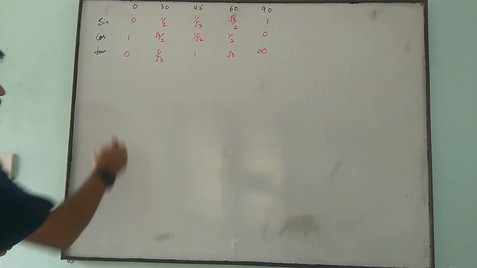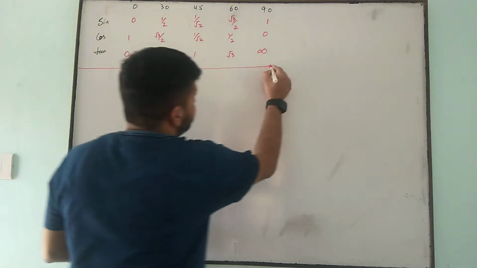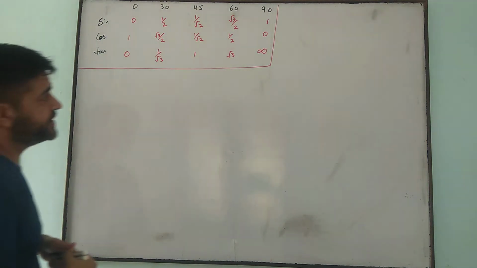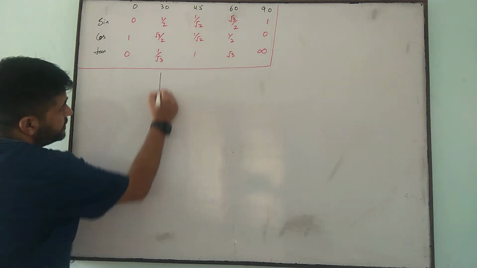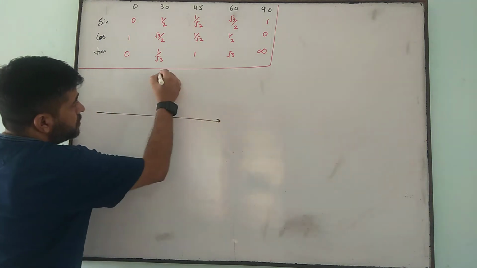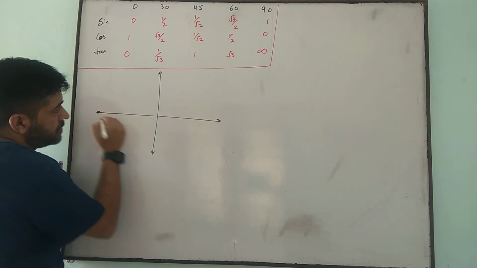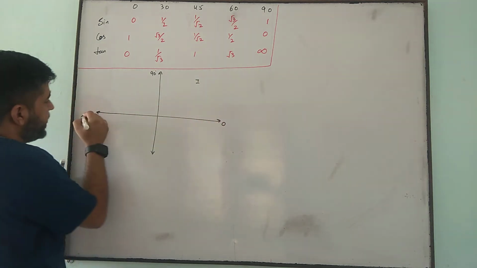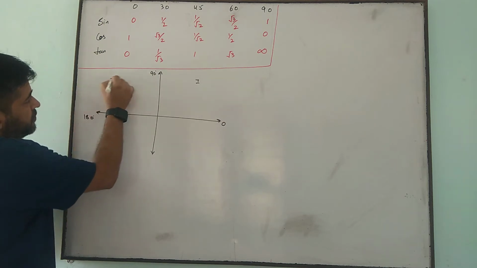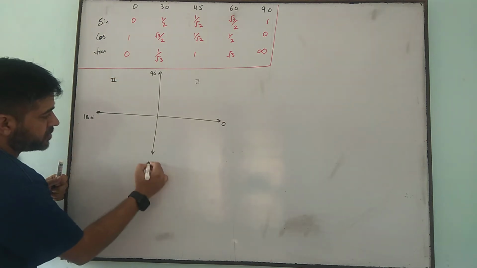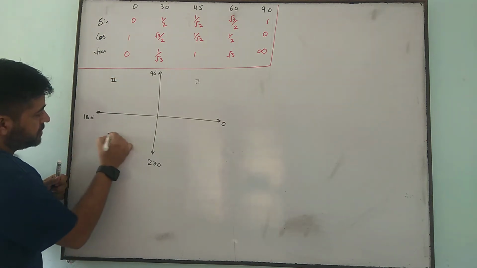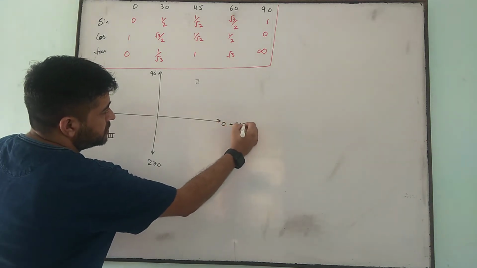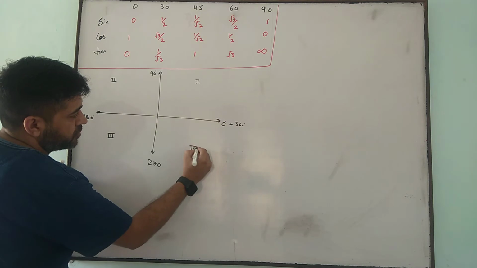Now what will happen for values above 90? See, we have a concept of quadrants first. From 0 to 90 we have the first quadrant, 90 to 180 the second quadrant, 180 to 270 the third quadrant, and 270 to 360 or 0 again, that is your fourth quadrant.